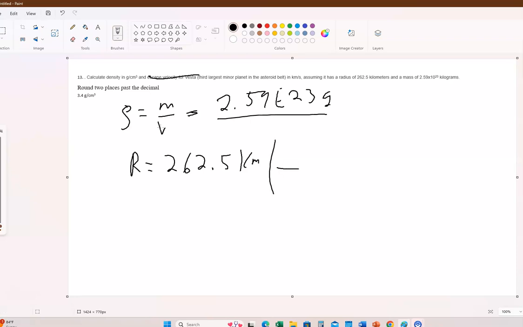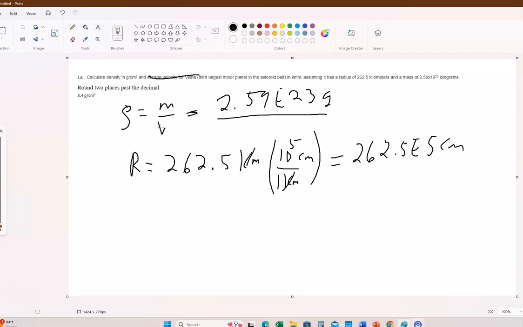That's the radius. And to convert that directly, 1 kilometer is 10 to the 5th centimeters. That's supposed to be a 5. So that makes life a lot easier. It's just the same number, 262.5, but now it's times 10 to the 5th centimeters.